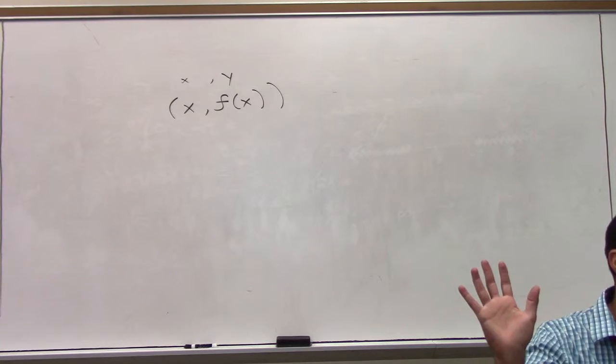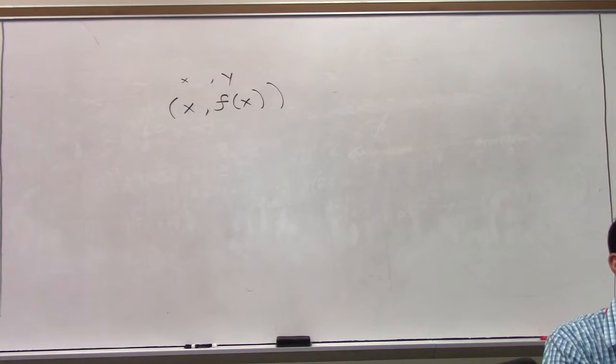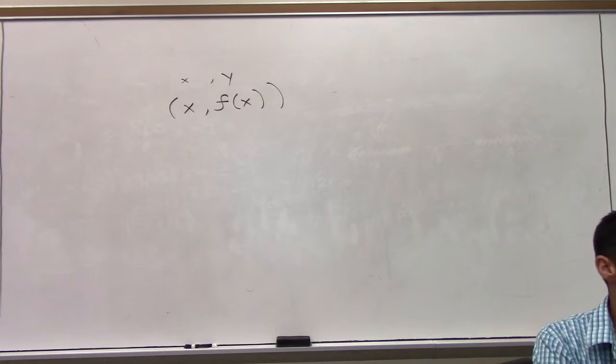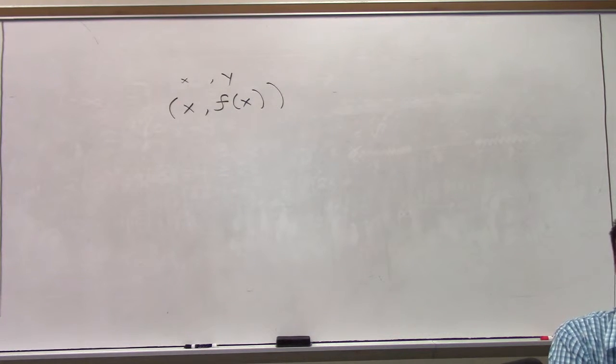I'm going to pick a second point over here, and it's going to be whatever this x is plus something, like h. Imagine that x value right there was 2. Maybe this is 2 plus 2, which would be 4. Maybe it's 2 plus 1, which would be 3. It's just a little bit more than x.